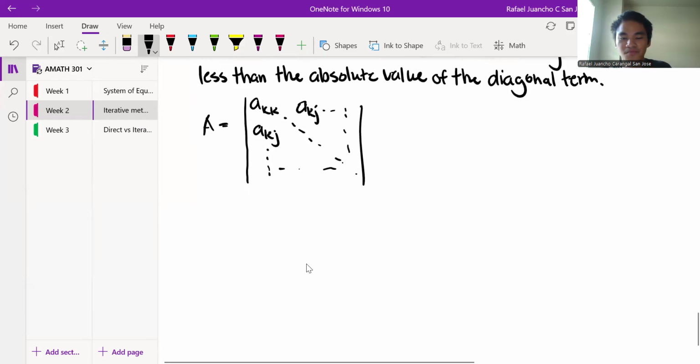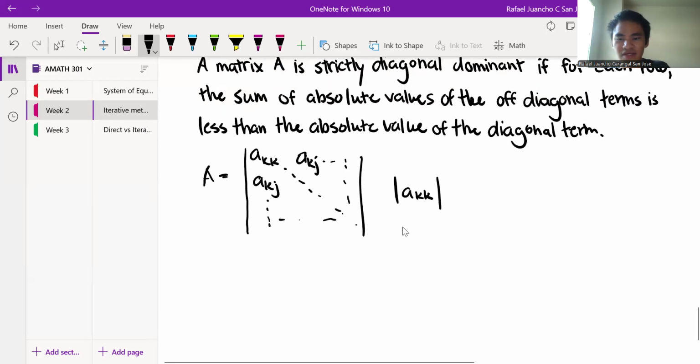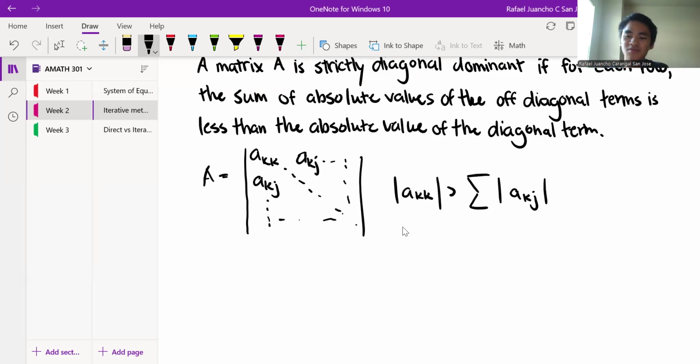So what I'm saying here is that if it's diagonally dominant, then the absolute value of my diagonal term is greater than the sum, so I'm using a summation, of absolute values of off diagonal terms. That's why it's kj.